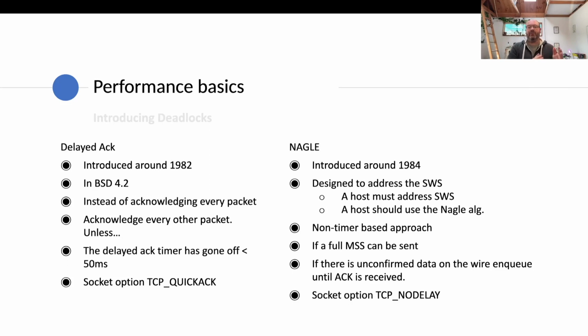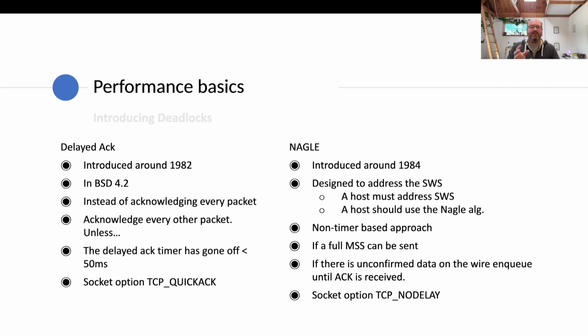He introduced that a full MSS can be sent, or a payload with less than a full MSS can be sent if there's no outstanding data on the wire. So I'm going to explain that a little bit clearer. If a full MSS can be sent, it will. So, maximum segment size. However, if there's less than a full segment going out, it can be pushed out without the timer going off, or without a timer, it can be sent.